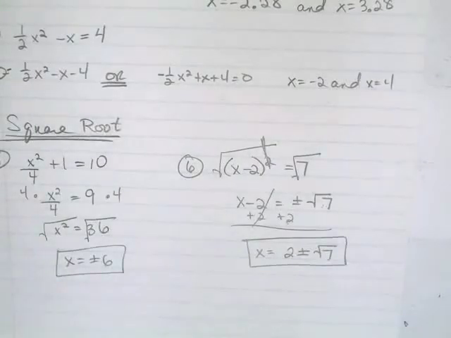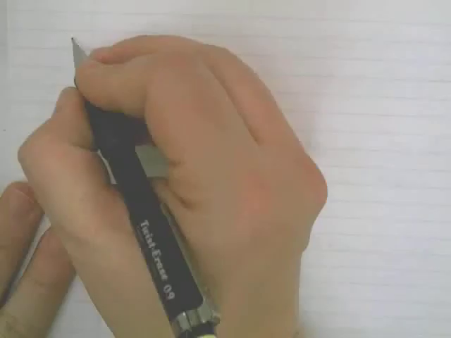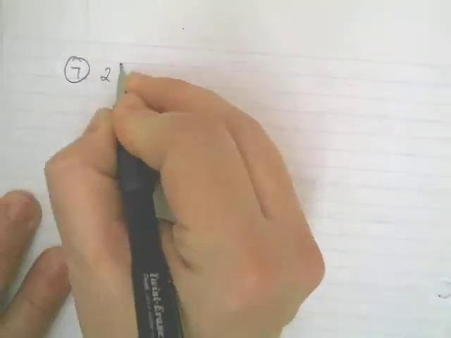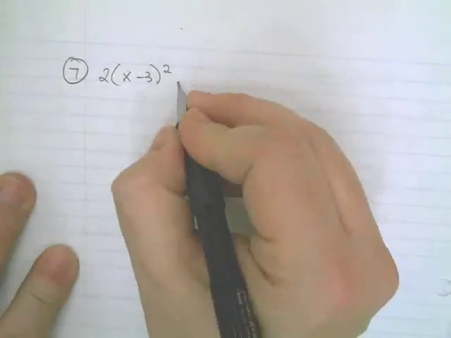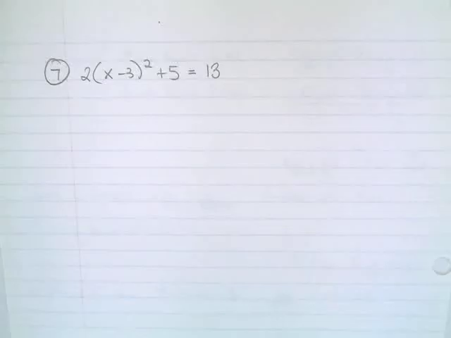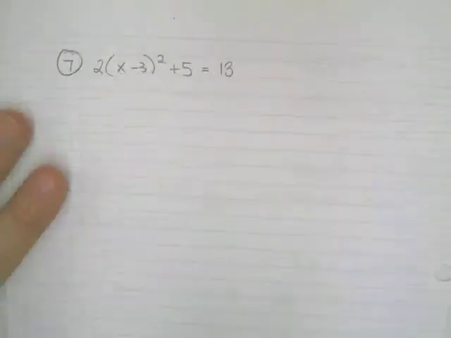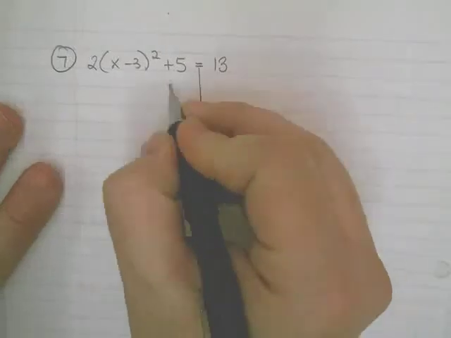Alright, let's do one more, and this one's going to actually work out where we get a number. So, let's see if I can make one up. 2 times x minus 3 squared plus 5 equals 13. Alright, so I'm going to draw my line down so I remember I got a minus 5 first.